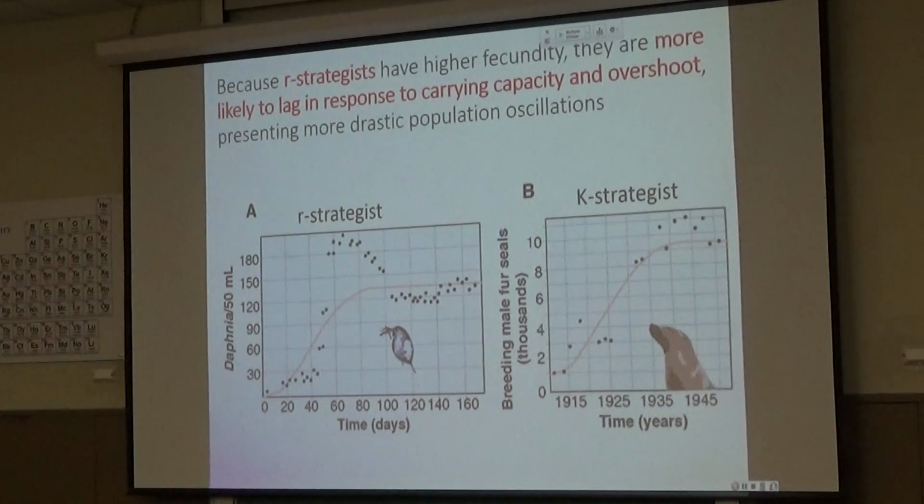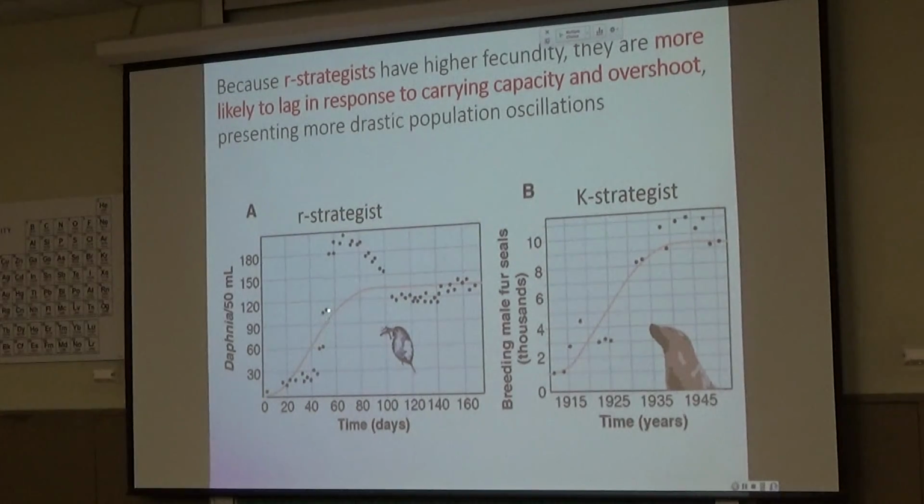Here is some real data to show you this. This is a crustacean, a water flea. This is the logistic curve: population growing, reaching the carrying capacity. This is what you would expect based on the model. The points refer to the actual data for this population.